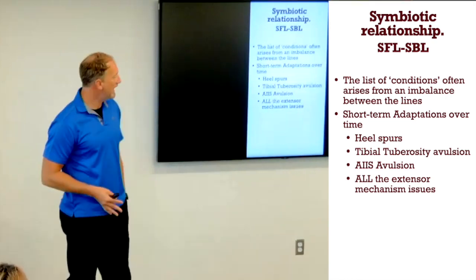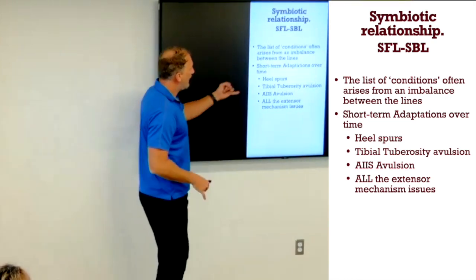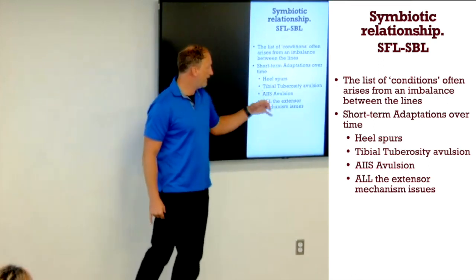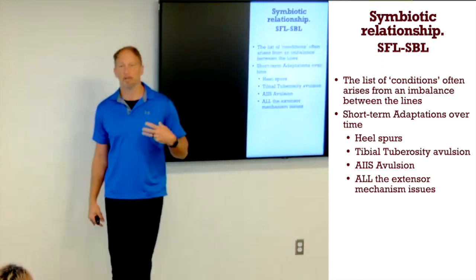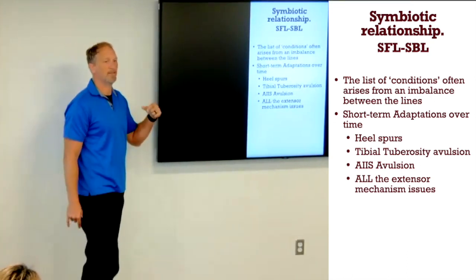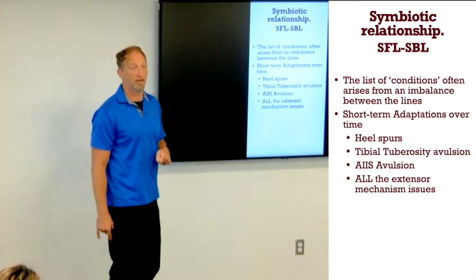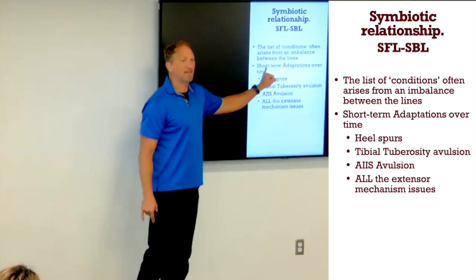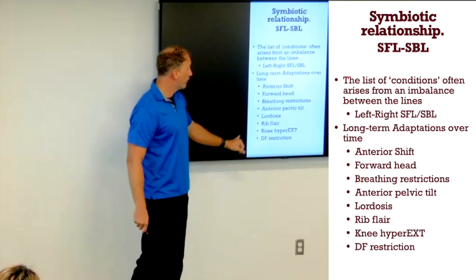You can have a tibial tuberosity avulsion that's an actual acute issue. You can have an AIIS avulsion that's actually an acute issue. But a lot of the time, these tend to be things that start to develop over time, and this is our first indicator that there's something going on. When we see these, this is the first indicator that we're working towards a long-term problem.